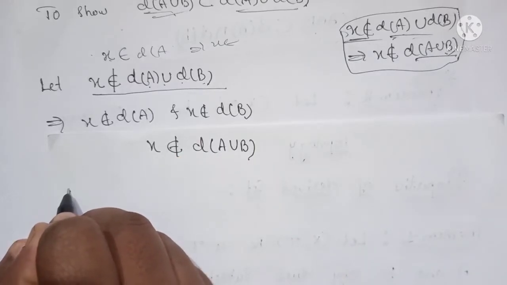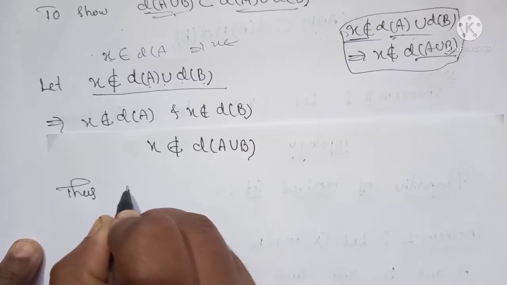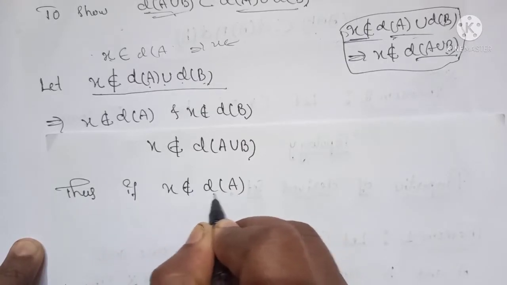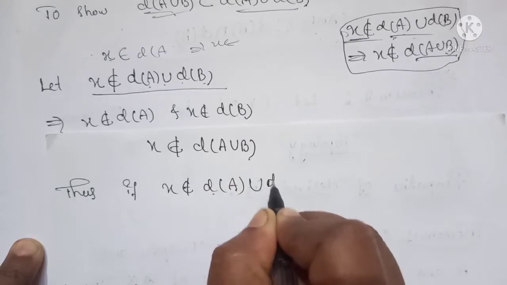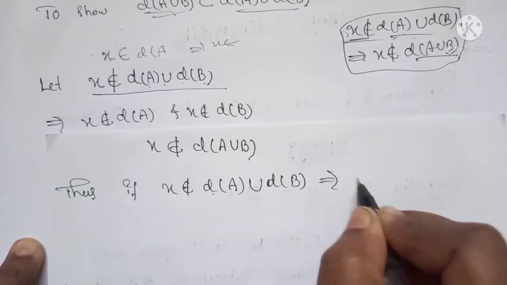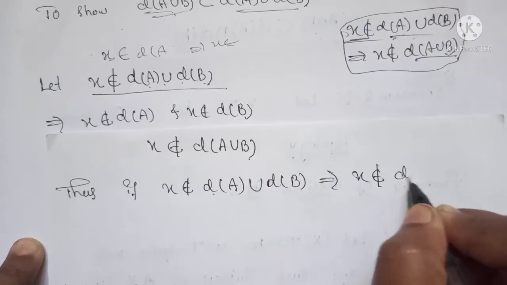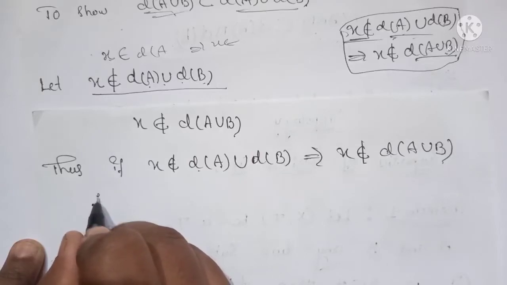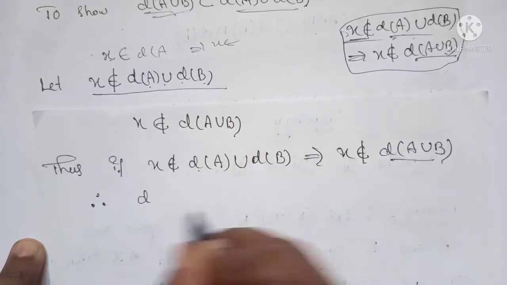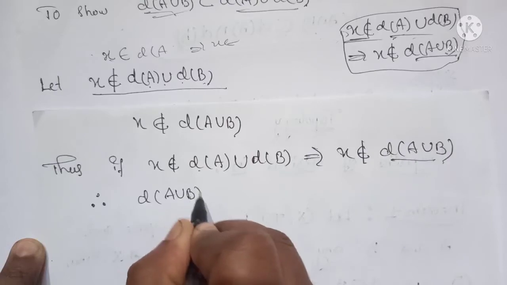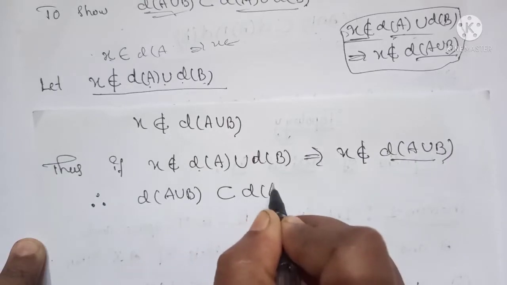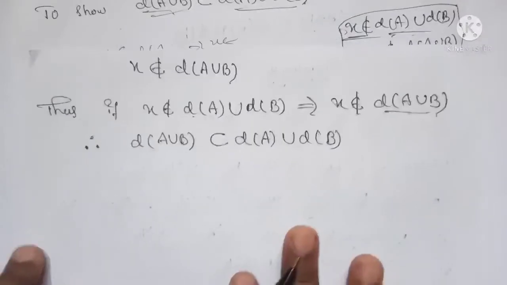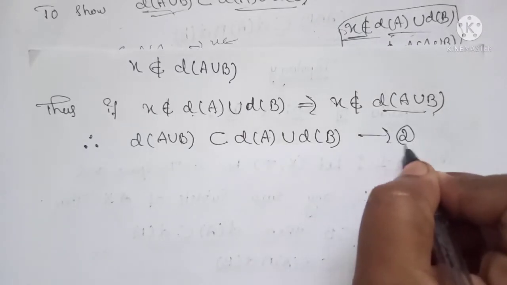So that is, if x does not belong to derived set of A union derived set of B, it implies that it does not belong to derived set of A union B. So therefore we can say that this derived set of A union B is a subset of derived set of A union derived set of B. Consider this as equation 2.